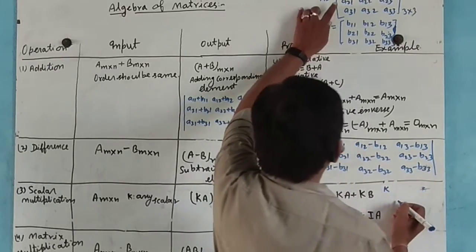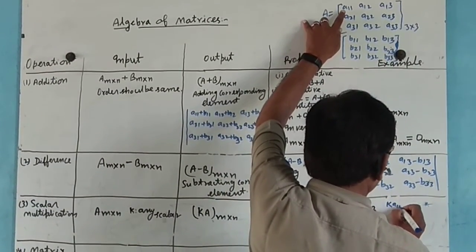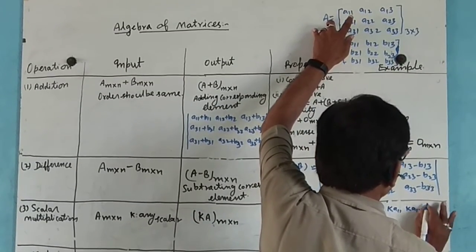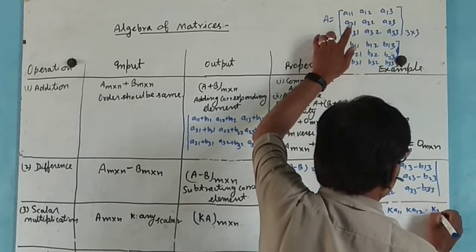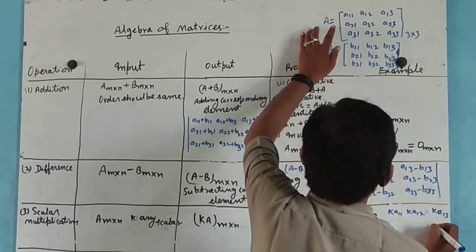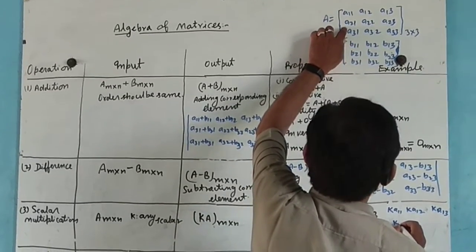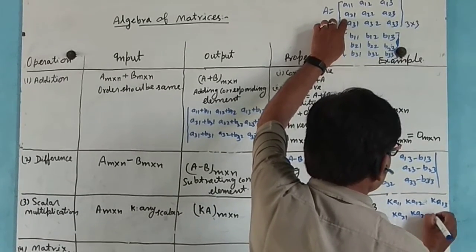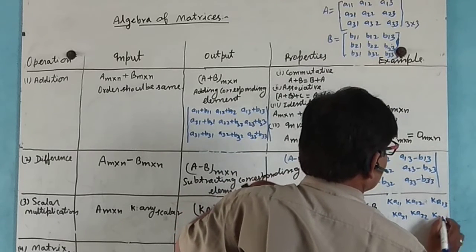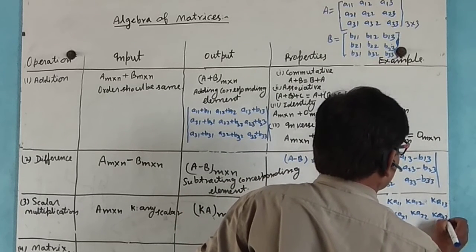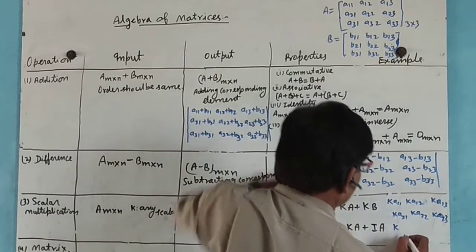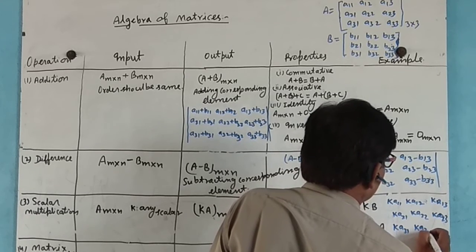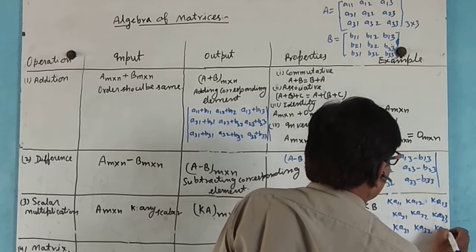K A11, K A12, K A13, K A21, K A22, K A23, K A31, K A32, K A33.